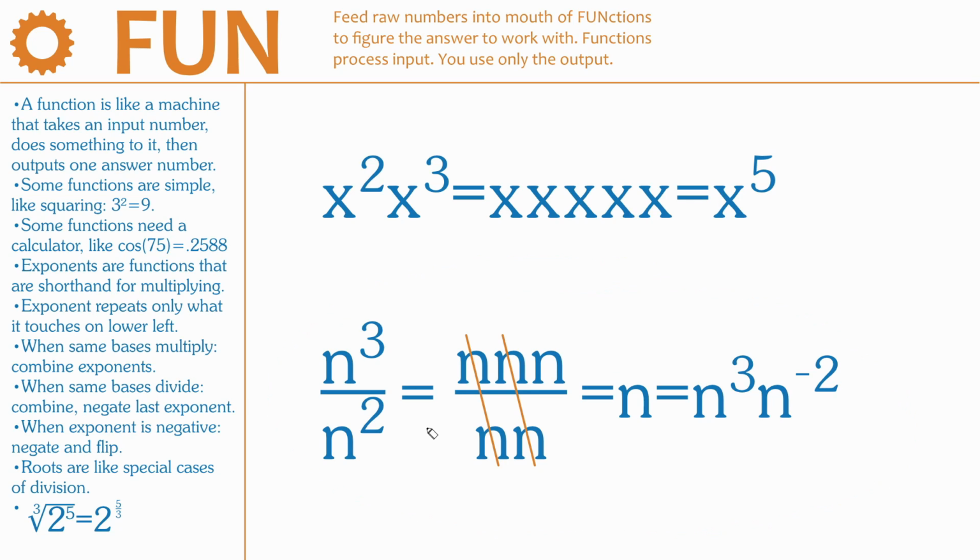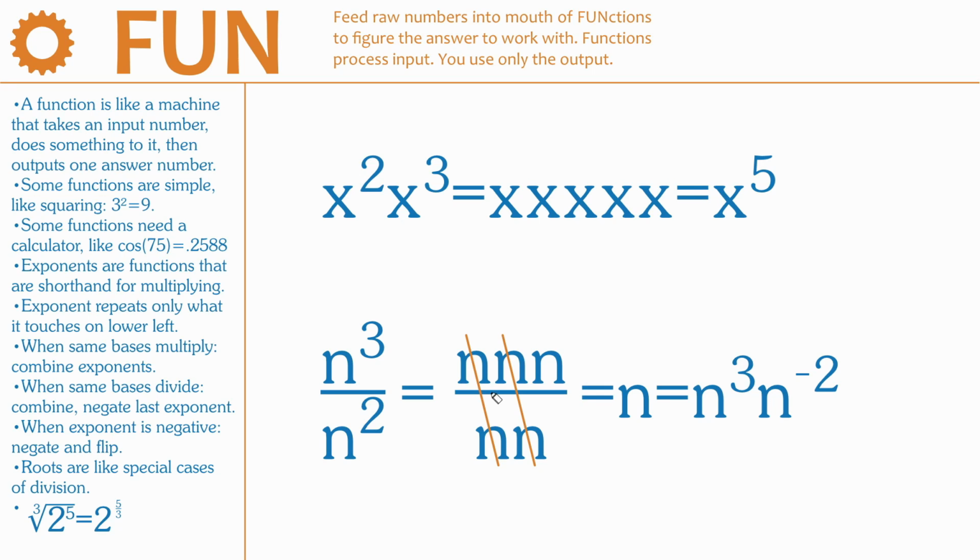Okay, so n is any number, x is any number. If we look at n to the 3rd, we expand it out: n times n times n. N squared gets expanded out: n times n. Okay, basic definition of exponents. That's what they're for. Now, because we know that this n and this n are the same number, even though we don't know what it is, doesn't matter.